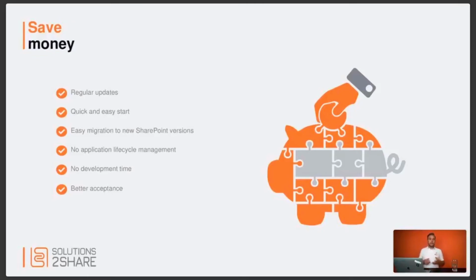If you use the normal way, like programming site definitions or making a PowerShell script, you first have to program that with a development team, then you have to test it, and then you have to deploy it to the productive system. And that needs a lot of time. So you spend a lot of time on the development process, on the Q&A process, and on the deployment process.